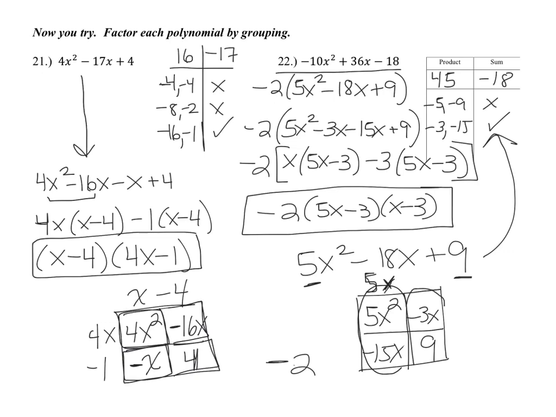The GCF of this column, because the first term is negative, would be negative 3. So there's one of your factors, 5x minus 3. And then you get the GCF of this row, which is going to be just x. And then the GCF of this row is going to be negative 3. So then your other factor is x minus 3.